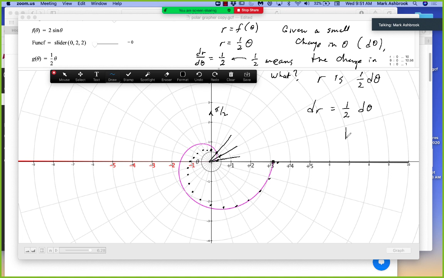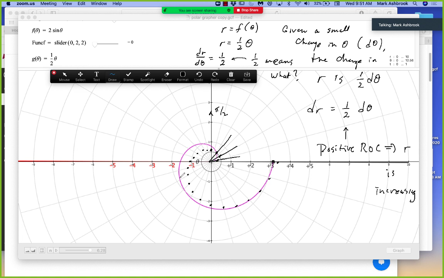Okay? Is that a positive rate or a negative rate? Of course, it's a positive rate of change. And so what does a positive rate of change mean for values of r? It's increasing. Yeah, that means that r is increasing. And so how do we see that in this graph?